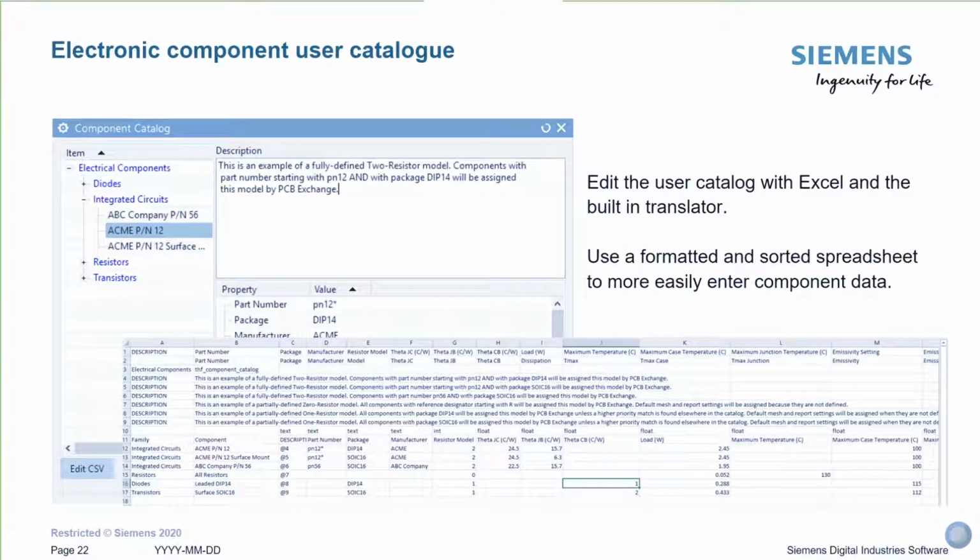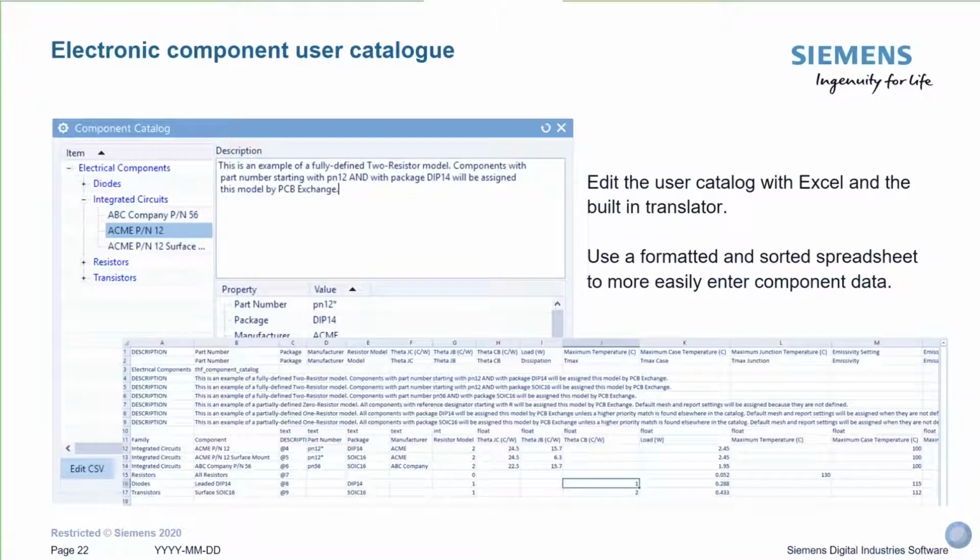So if you want to have a one-to-one match, for example, all the reference designators listed here for a specific design, it's possible. But if you want to have a smaller, more efficient catalog based on part numbers, different types of package, this is also possible. So the catalog can be customized.